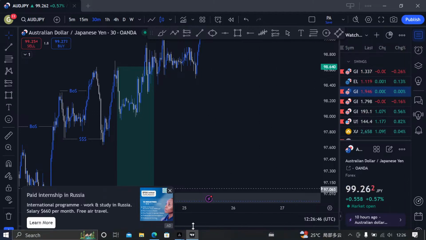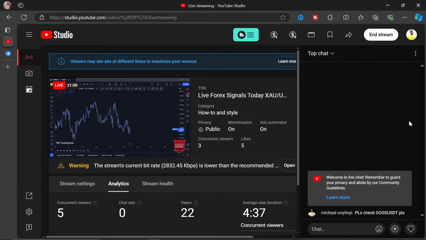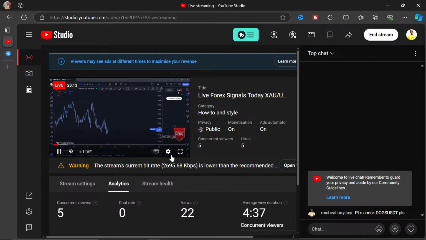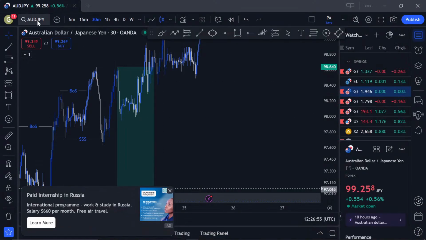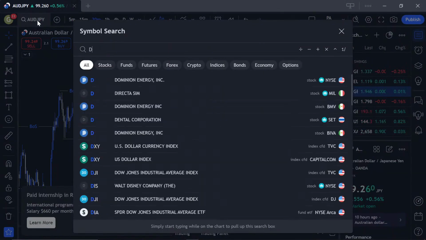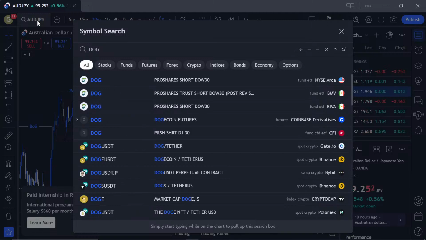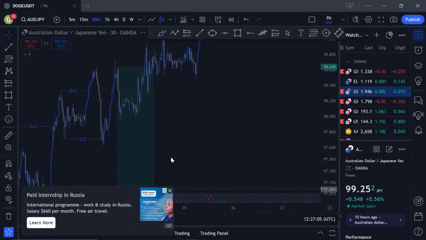So someone requested for a setup. Let me take a look at it again. Simply check DOG USDT for me. Okay, so let me take a look at DOG USDT. So let me go with Binance Dogecoin.